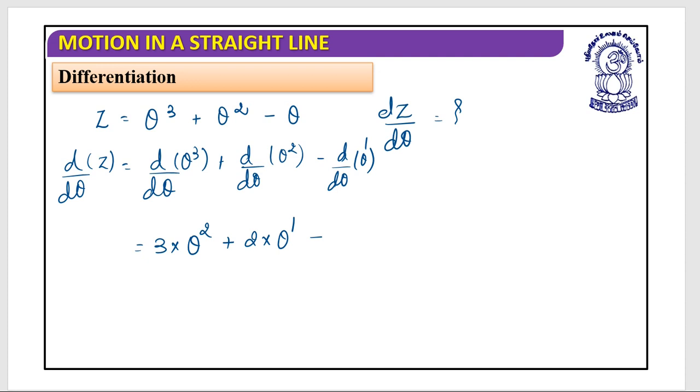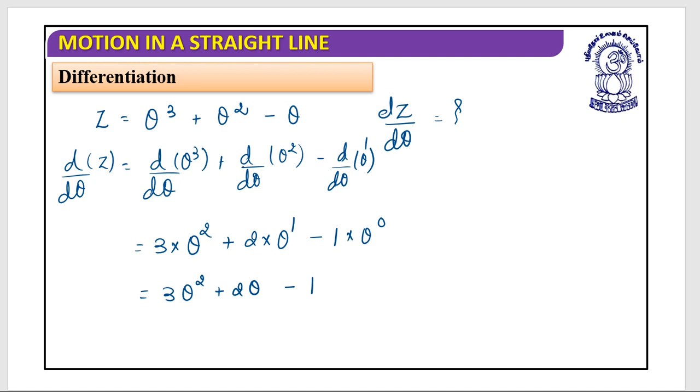Theta means a power 1 is there. So this is power 1 multiplied by theta to the power 1 minus 1, which is 0. So this comes to 3 into theta square plus 2 into theta minus 1 into theta to the power 0. Theta to the power 0 would be 1.